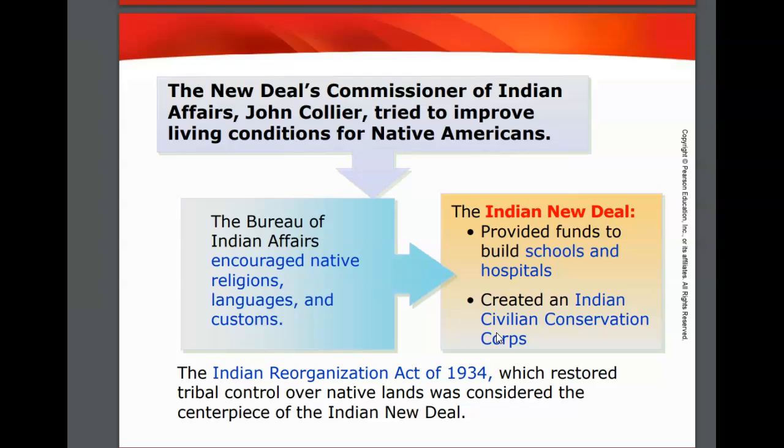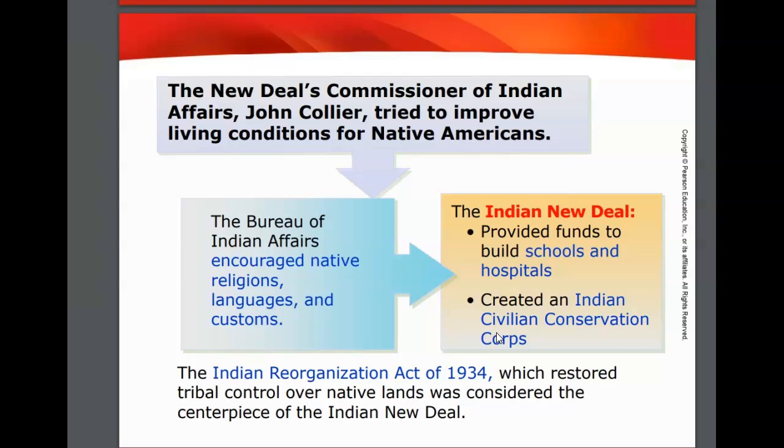Collier also convinced Congress to pass what was called the Indian Reorganization Act in 1934, and this really was considered the masterpiece legislation that would affect the greatest number of American Indians. Okay, and this restored tribal control over their own native land, and that's why it was so important.